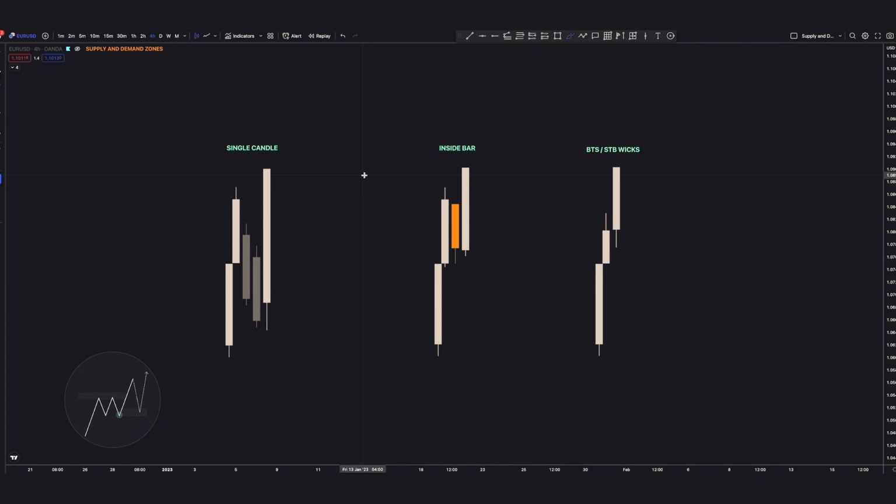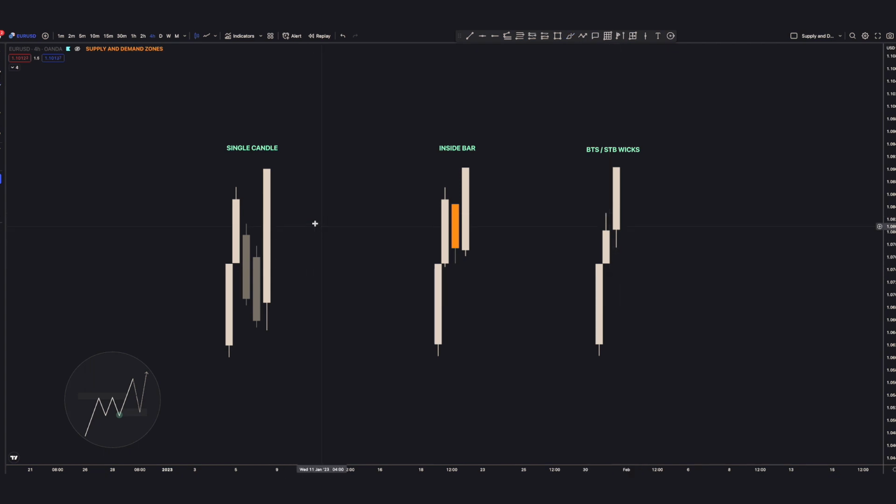I think these are the only three ways. The spikes originate in the form of a single candle, which would be this, or an inside bar, which I showed you guys last time is simply a pullback, which on the higher time frame would look like this, and on the lower time frame would look like a pullback and then a break and a buy to sell area.